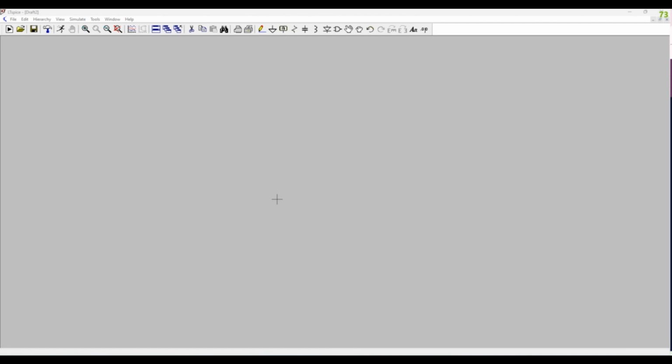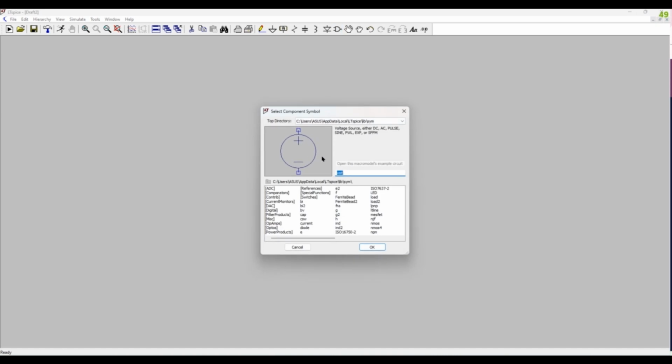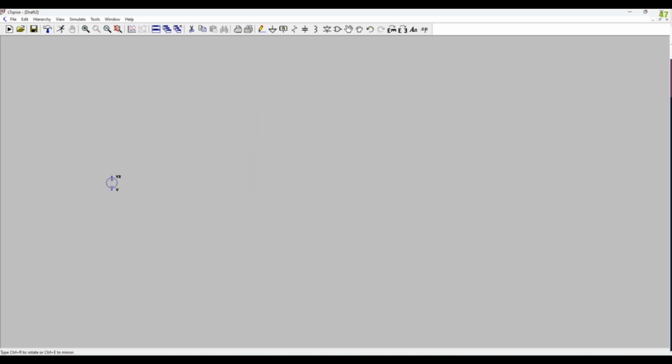Okay, for the simulation for question 1 using LTspice, we use the voltage source and the capacitor, control R to rotate, and the resistor.